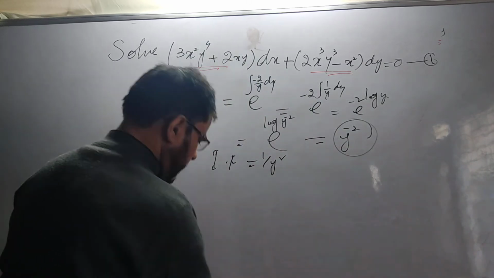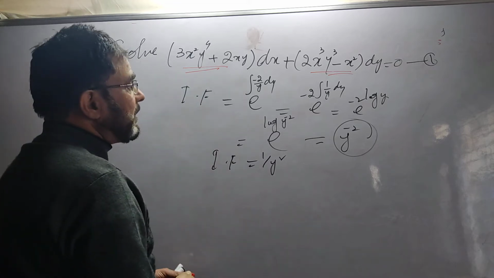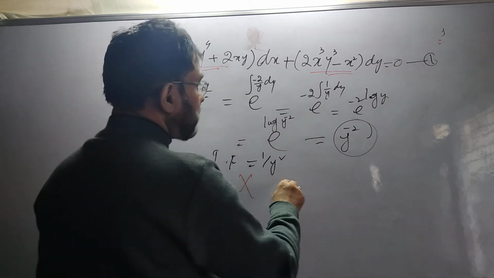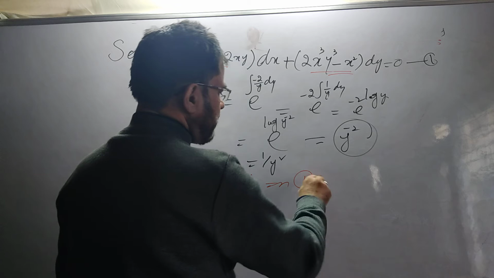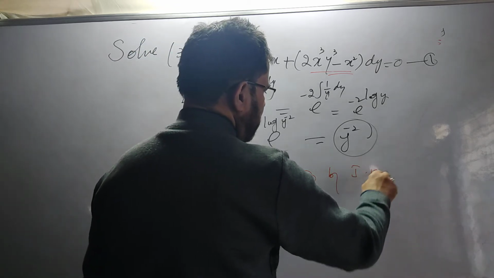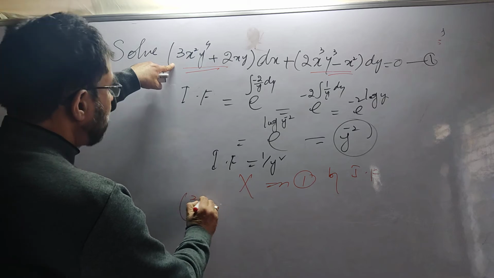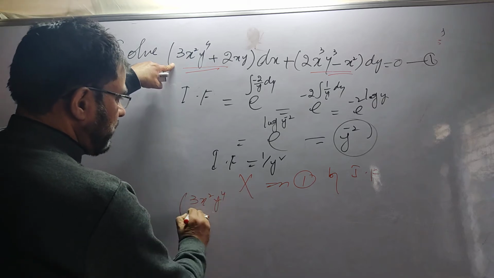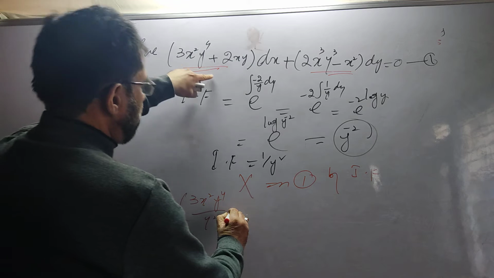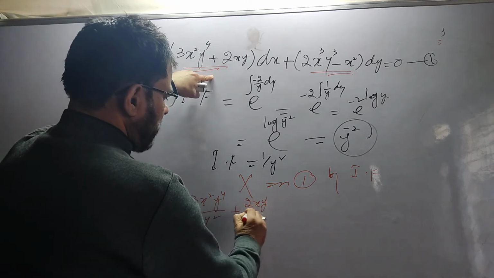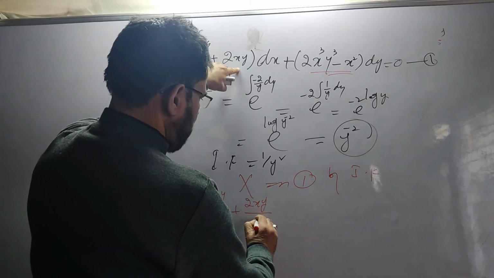Now let us multiply. We multiply the equation first by the integrating factor. You see, what is this now? This is your 3x square y to the 4 by y square plus 2xy by y square.